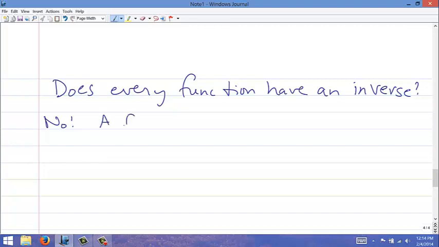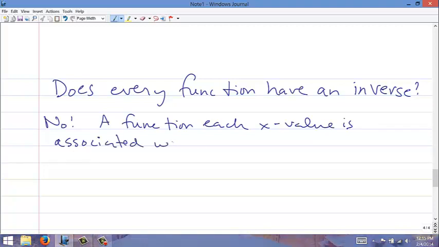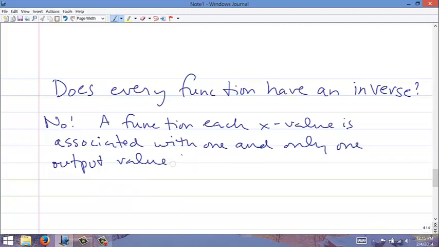So a function, each x value is associated with one and only one output value. So in other words, each x gets sent to one y.